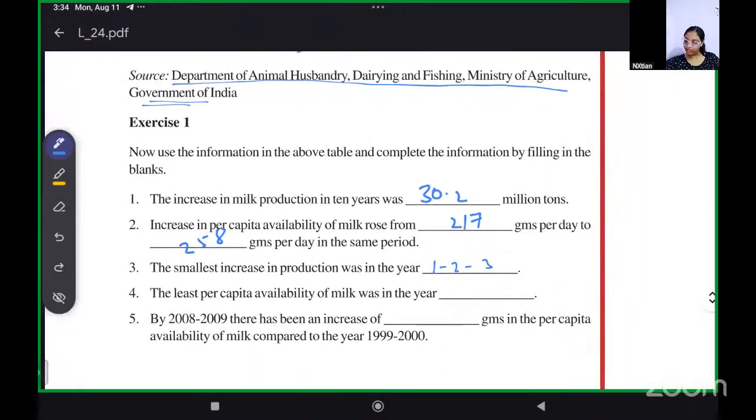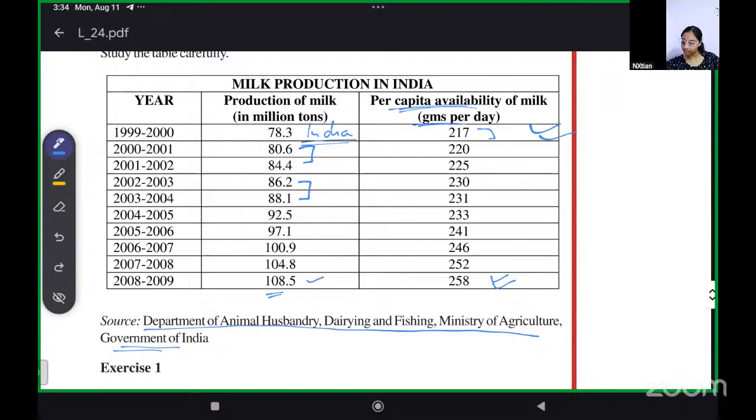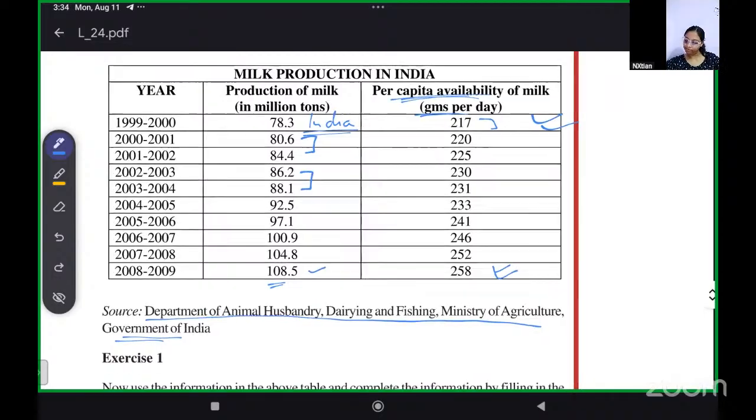By 2008-2009, there has been an increase of dash grams in the per capita availability of milk compared to the year 1999 to 2000. Ma'am, 41.